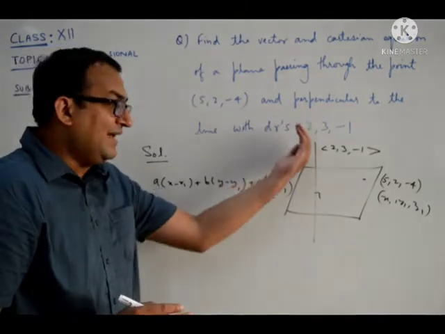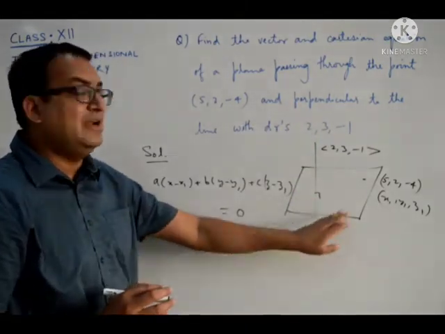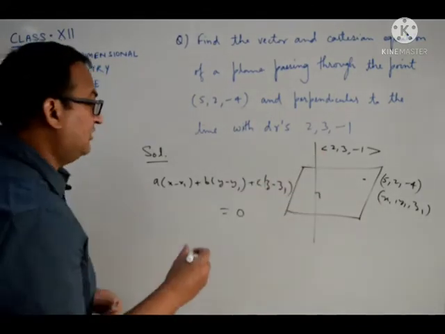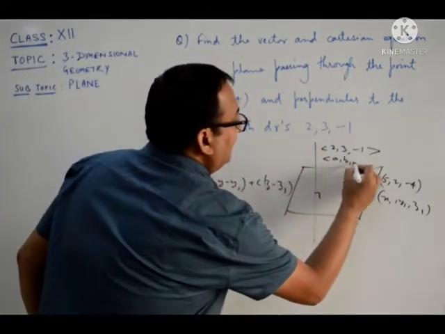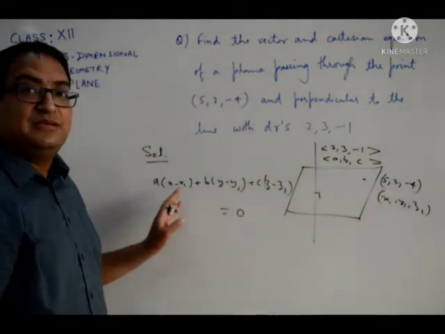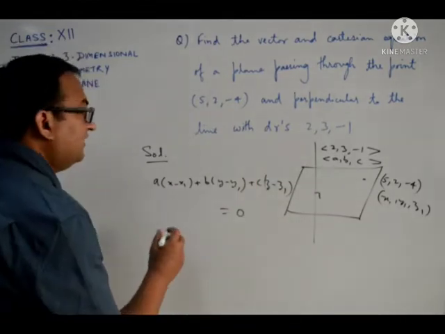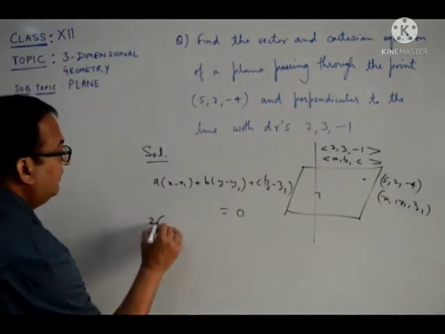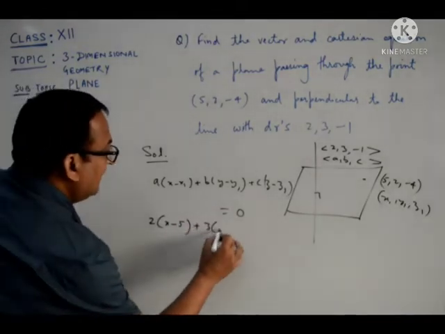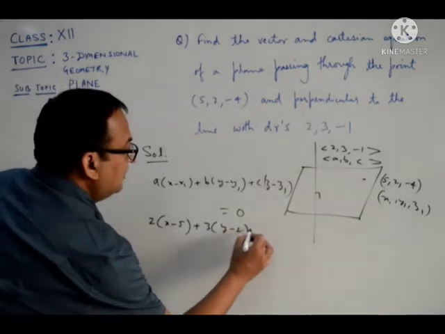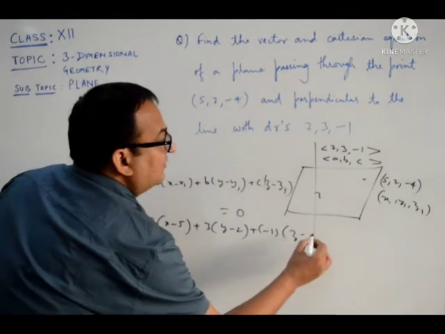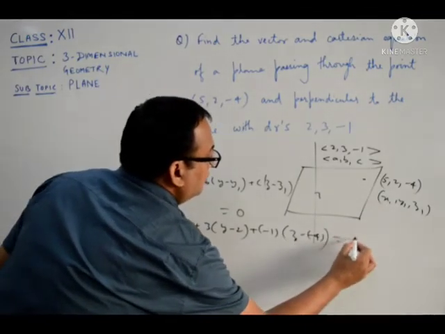So this line is also perpendicular to the plane, so the direction ratios of this line can be used for the values of A, B and C. So we have the values of A, B and C, and we have the value of the passing point (x1, y1, z1). We can write the equation of such a plane. So from here we have 2 times (x minus x1, that is 5), 3 times (y minus y1, that is 2), and minus 1 times (z minus z1, that is minus 4), equal to 0.